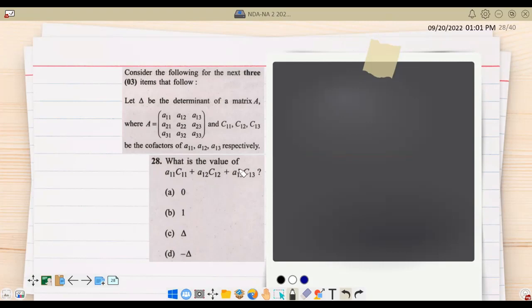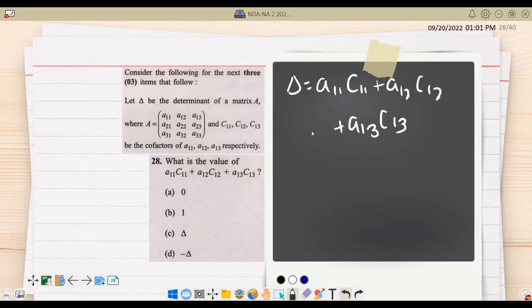We know what this is. This is the formula for del, correct? The formula for del is A11 into cofactor 11 plus A12 into cofactor 12 plus A13 into cofactor 13. This is what they have given in the question, so it is a direct question. So the answer is C.